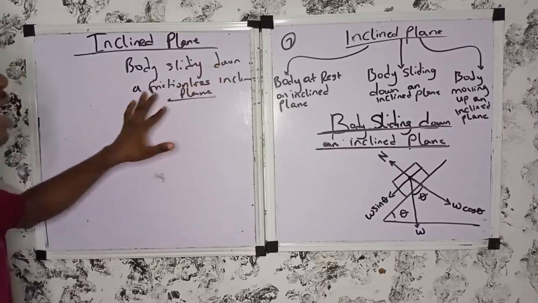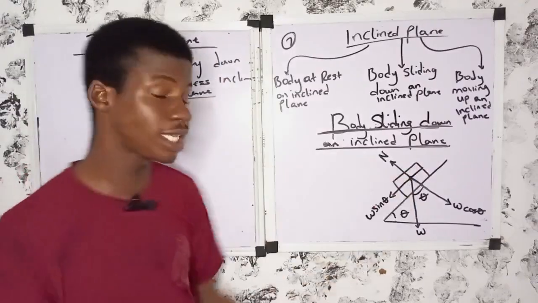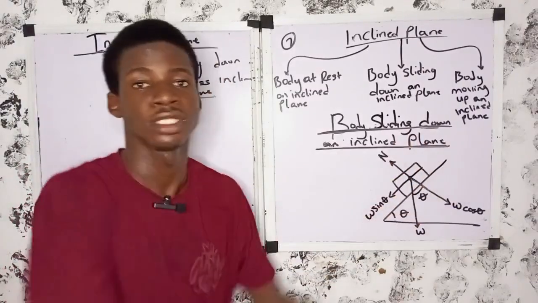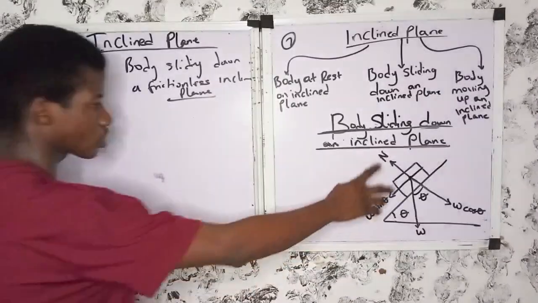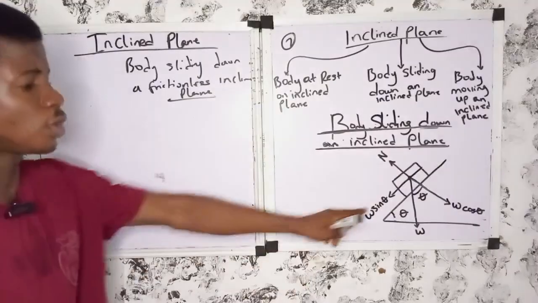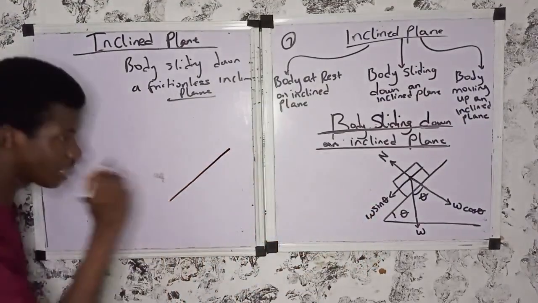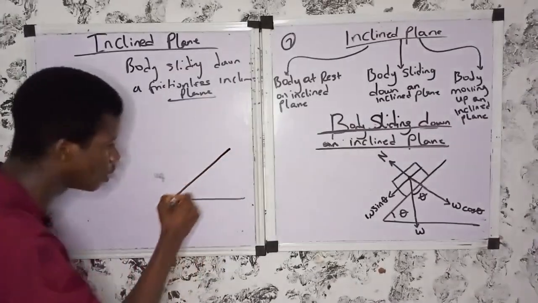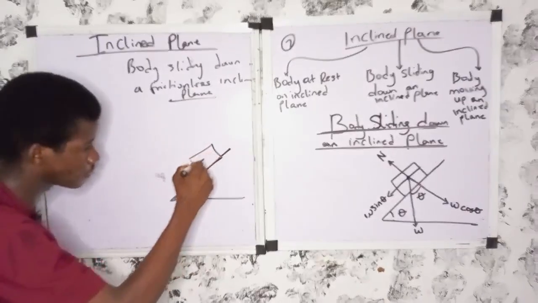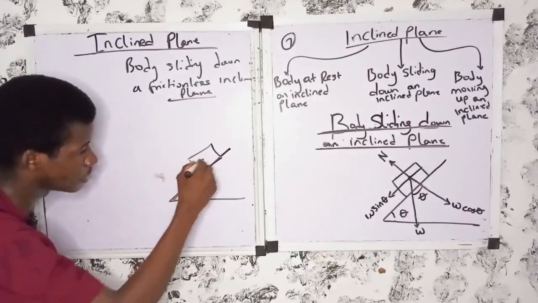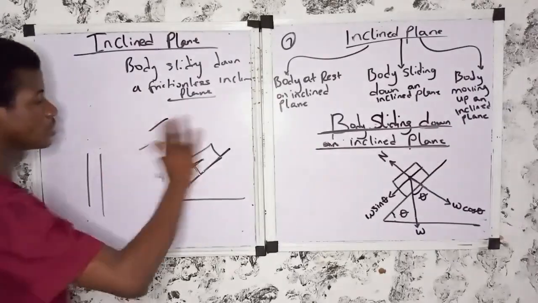Body sliding down a frictionless inclined plane. Since it is a frictionless inclined plane, there's no friction acting. The body is just sliding down. So let's start now. Remember, this is the inclined plane, and this is the body.